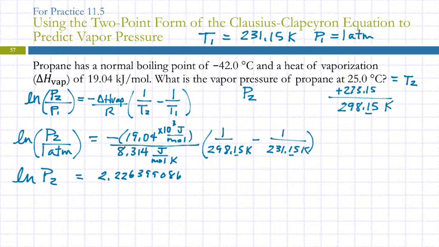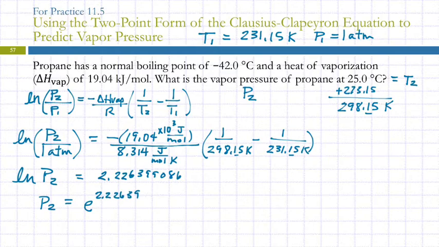And if you look at the units now, all the units are going to cancel out, which is what we actually expect to happen because the natural log of a ratio that has no units is going to give us a value that has no units. So to solve this for P2, we need to do the anti-natural log, which is e to the x. So P2 is going to equal e to that big long number.